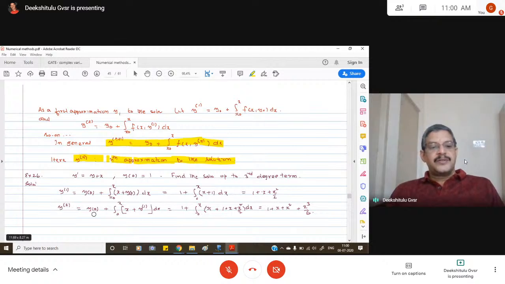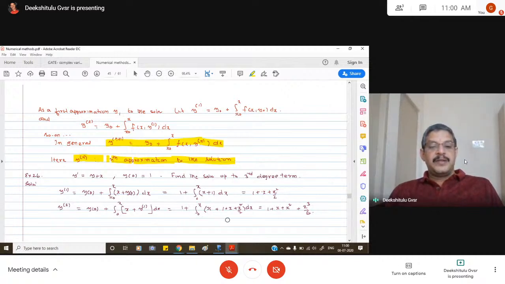So y2 is y0 plus, put this y1 here inside this integral, then call it y2. So y2 is equal to y0 plus the integral from 0 to x of (x plus y1). Y1 is already known to you.